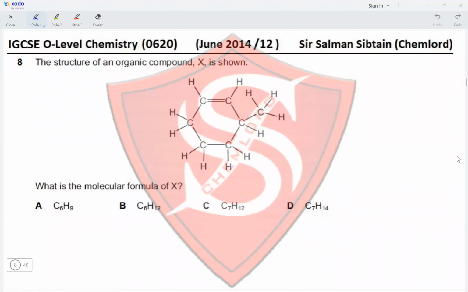Question 8. The structure of an organic compound X is shown. What is the molecular formula of X? So we just count the number of hydrogen and carbon. So carbons are 1, 2, 3, 4, 5, 6, and 7.